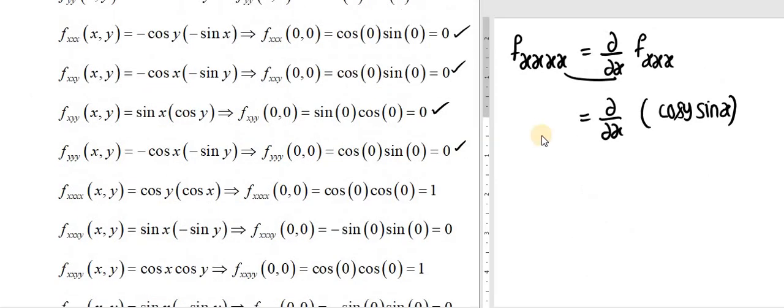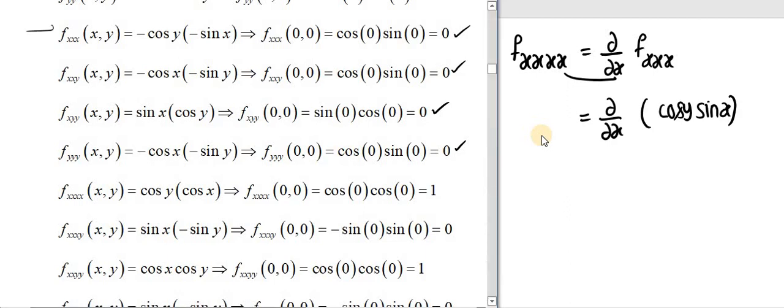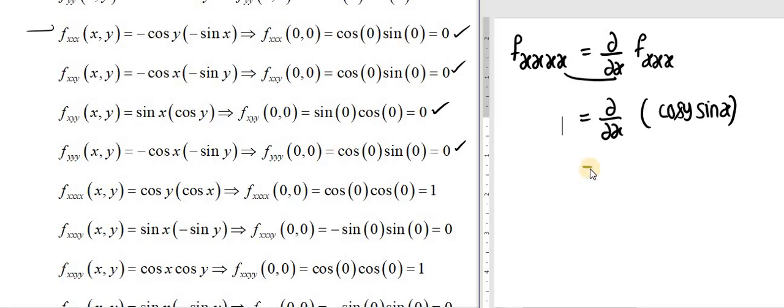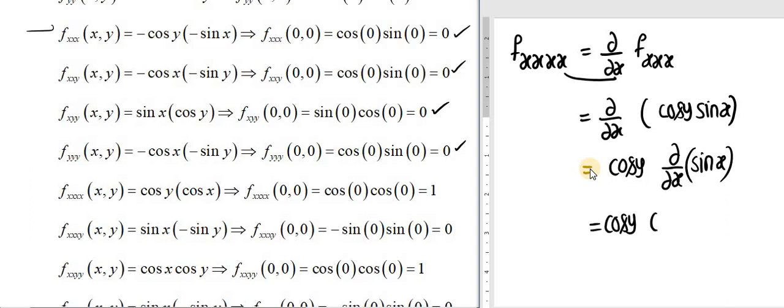f 4x equals dou by dou x of f triple x. We know the value of f triple x, that is minus into minus plus cos y into sin x. So we are differentiating with respect to x, cos y is outside because it is constant. Sin x differentiation is cos x.